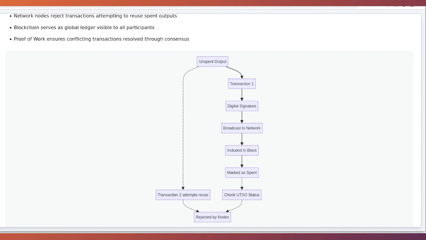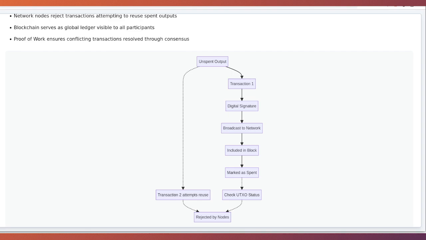But what if someone tries to broadcast two conflicting transactions simultaneously to different parts of the network? This is where proof of work and consensus come in. Eventually, both transactions will compete to be included in a block. Miners will include one or the other, but not both. Once a transaction in that block is added to the chain, the other transaction becomes invalid.